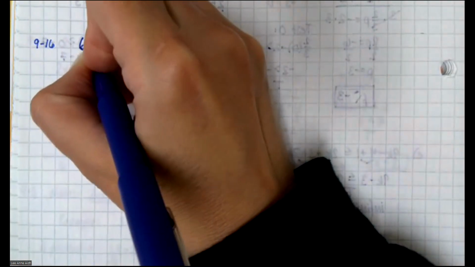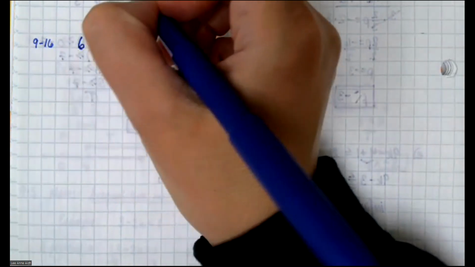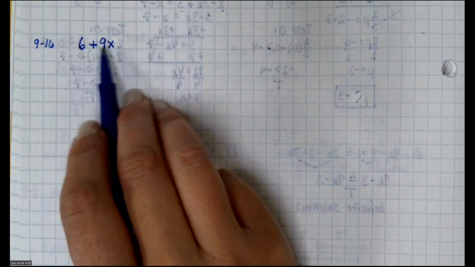Okay. Which one of those numbers is the starting height? 6. And which one of them is the growth? 9. Okay. So we're going to go 6 plus 9x. So this is starting at 6, growing 9 each year. And what's the rest of it say?